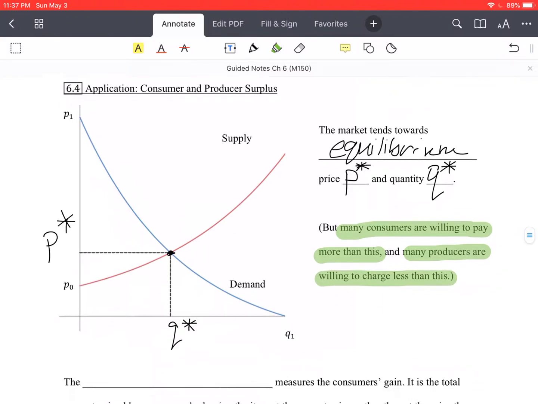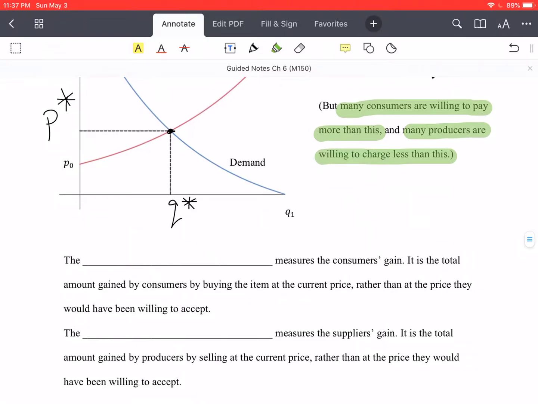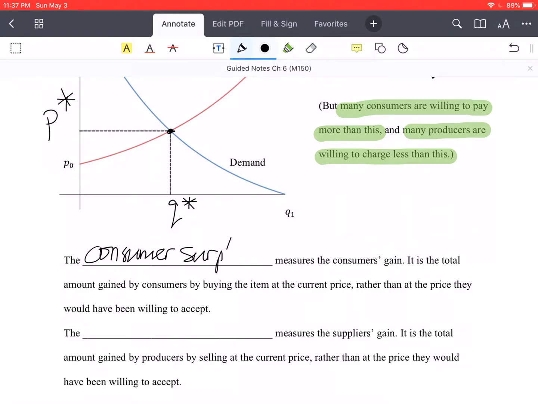So the consumer surplus measures the consumer's gain.